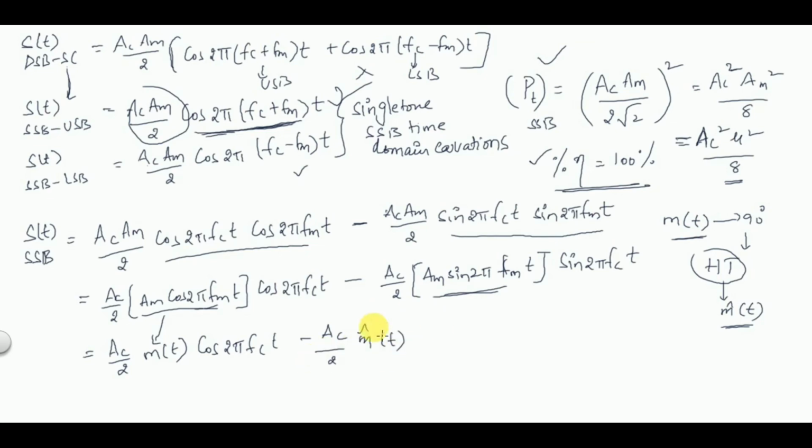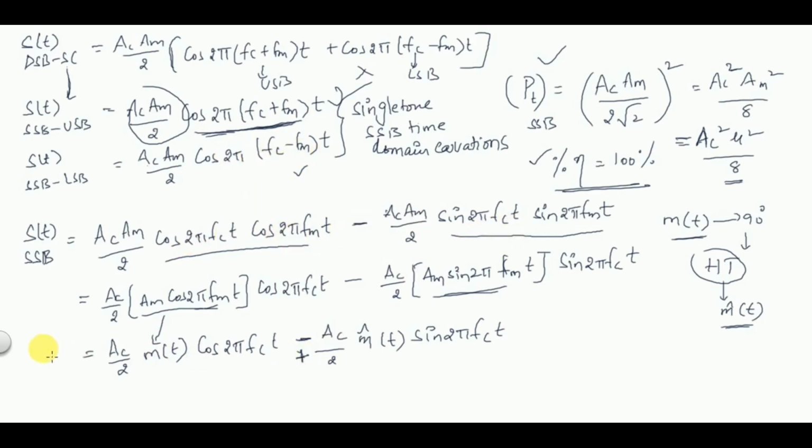M cap of t is the Hilbert transform of m of t, that is Am cos 2 pi fm t shifted by 90 degrees, Am sin 2 pi fm t, into sin 2 pi fc t. The minus sign is for the upper sideband, and if you derive the same formula for the lower sideband, it will become plus, because cos of a minus b is cos a cos b plus sin a sin b.